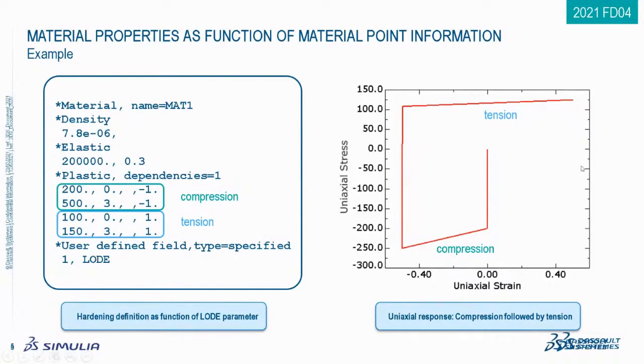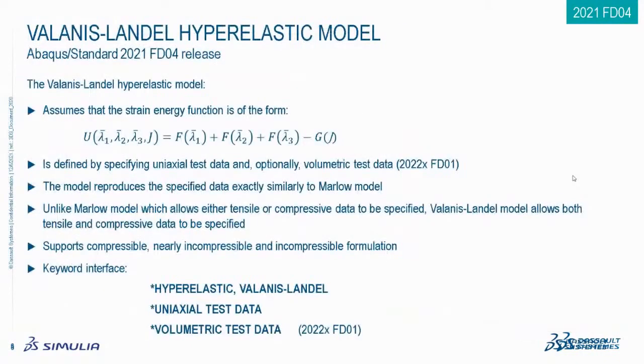And then you can see the resulting uniaxial response from a single element test case. So very powerful functionality, first available in 21 FD04. It's been out there and available to customers for several months now, and we've already got some feedback from some customers that have found this to be very powerful and useful in their applications.